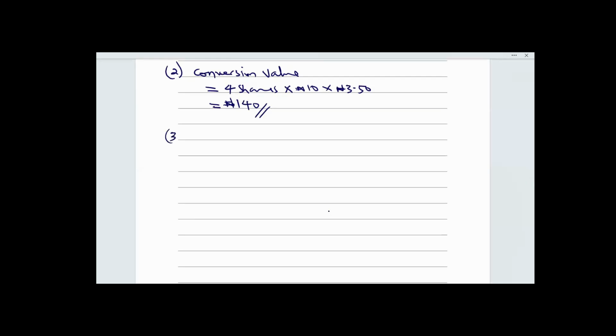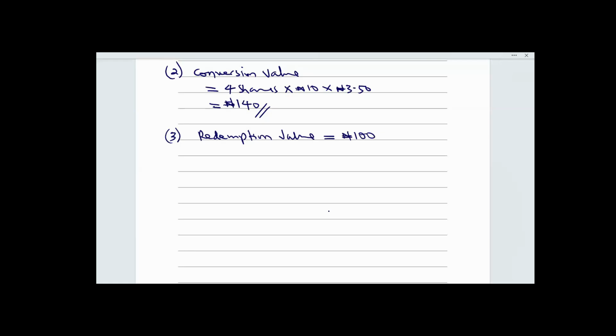Then number 3, I need to determine the redemption value. If at the end of year 4 the investors want to redeem the debenture, at what price? According to the question, we are not told how the debenture will be redeemed. Therefore, we are going to assume it will be redeemed at par. At par means 100 naira.